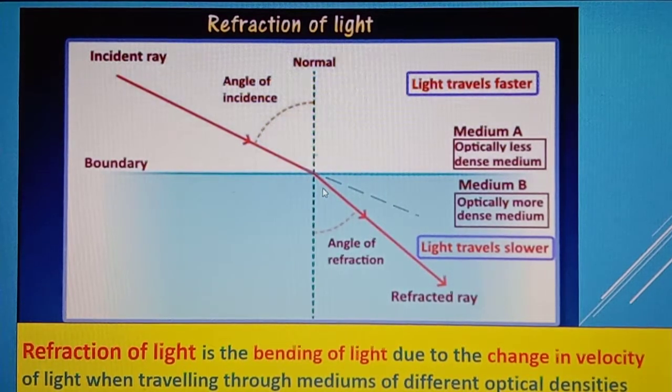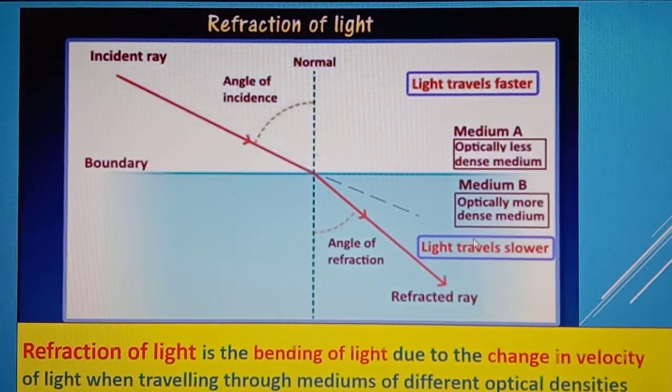So you can see the light ray bends. In this case, the light ray bends towards the normal. This light ray we call the refracted ray, and the angle between the normal line and the refracted ray is the angle of refraction.